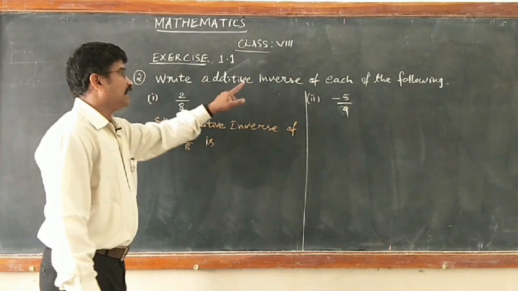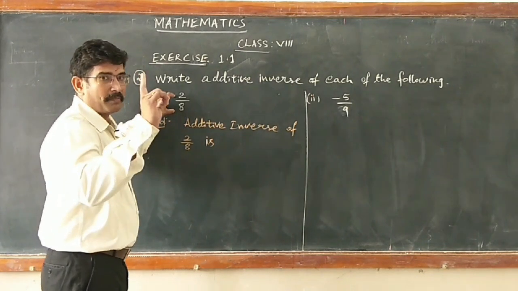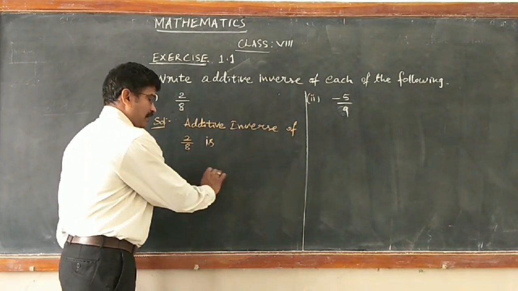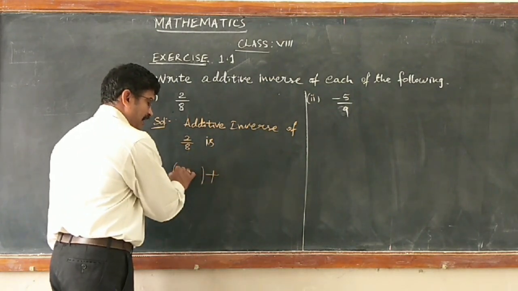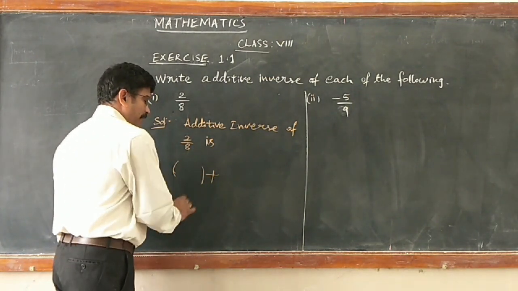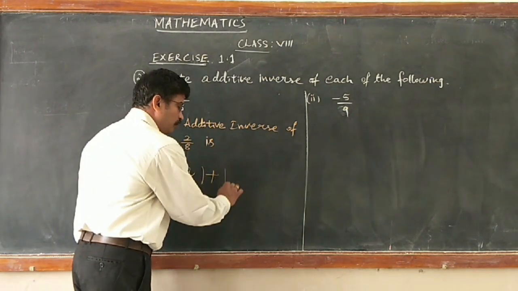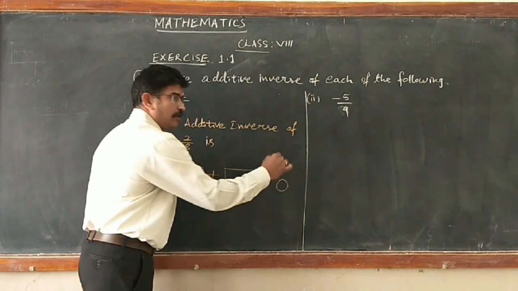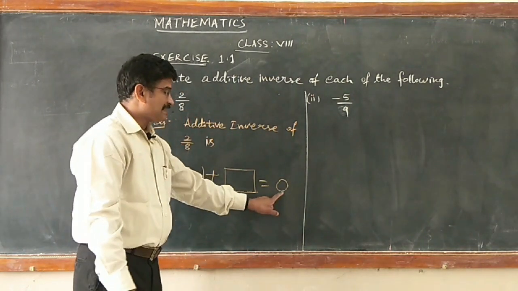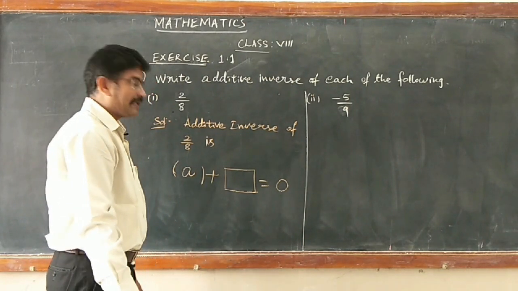When you are finding the additive inverse of any rational number, you need to remember one important thing, that property. The additive inverse property tells that for any rational number, there is a number which, when added, gives 0, where 0 is called the additive identity.